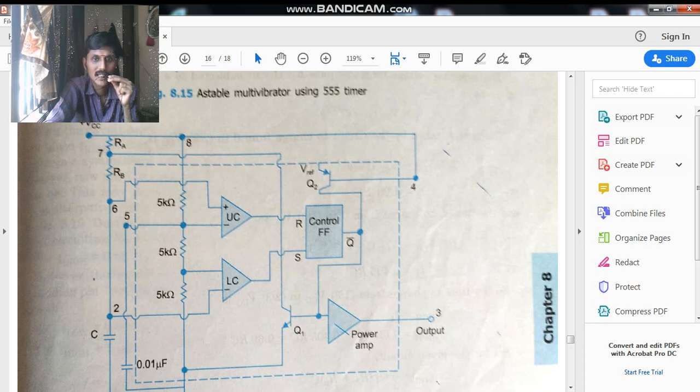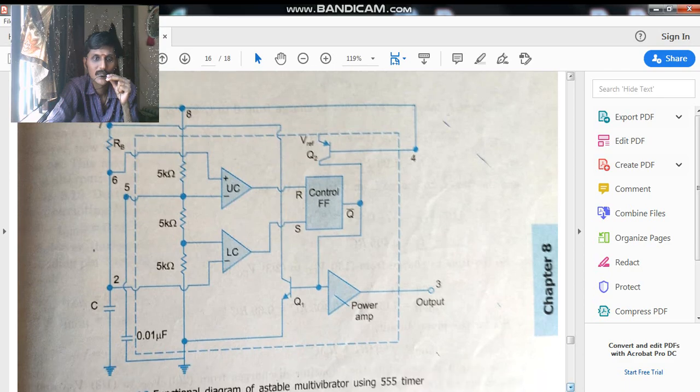In this case, Q bar is equal to 0, and when Q bar is 0, the transistor will not conduct. Again, this transistor will conduct, and it is given to the power amplifier, then the output is given as on time and off time. This is the operation of the astable multivibrator.